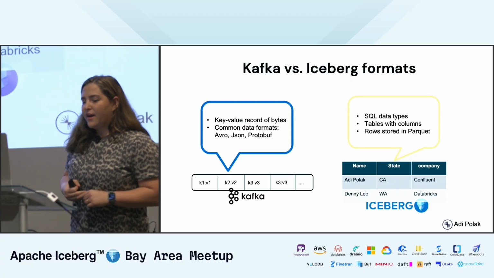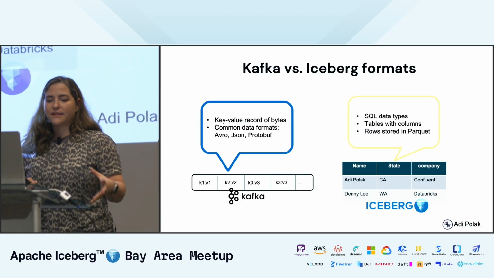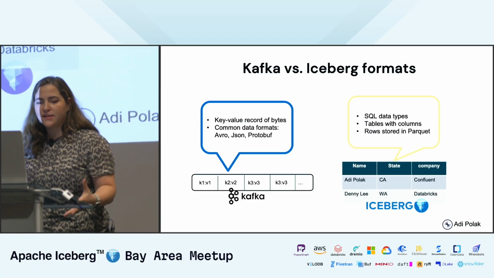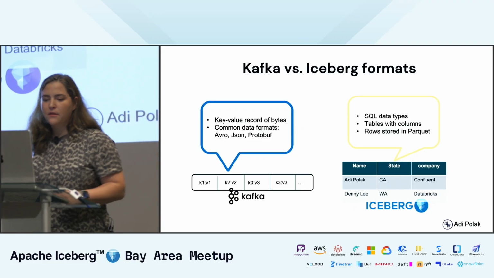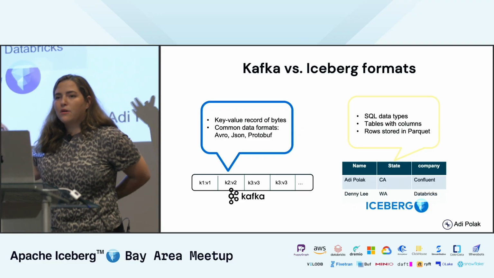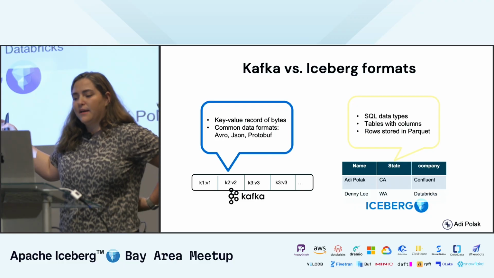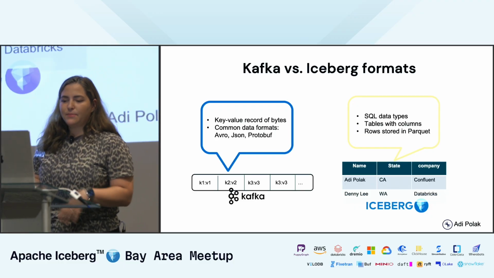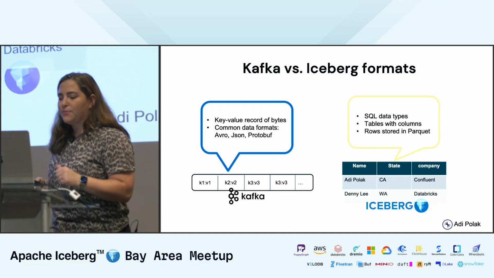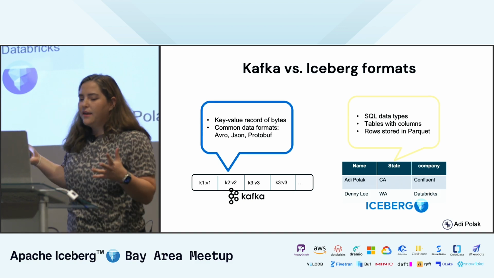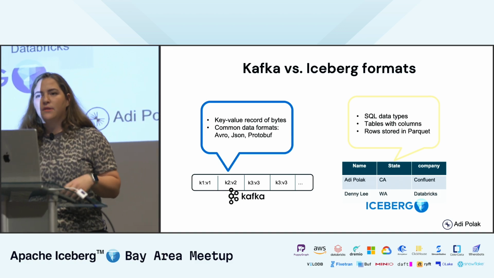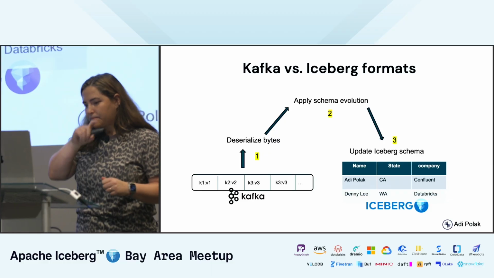When I'm looking at Kafka, Kafka has a key value mechanism, essentially a record of bytes with different formats: Avro, JSON, protobuf, just bytes, versus Iceberg that has a more constructed schema, like SQL data types, tables with columns, rows stored in Parquet, and so on. So you can automatically see how my key value can be anything in Kafka versus in Iceberg that has a specific schema.